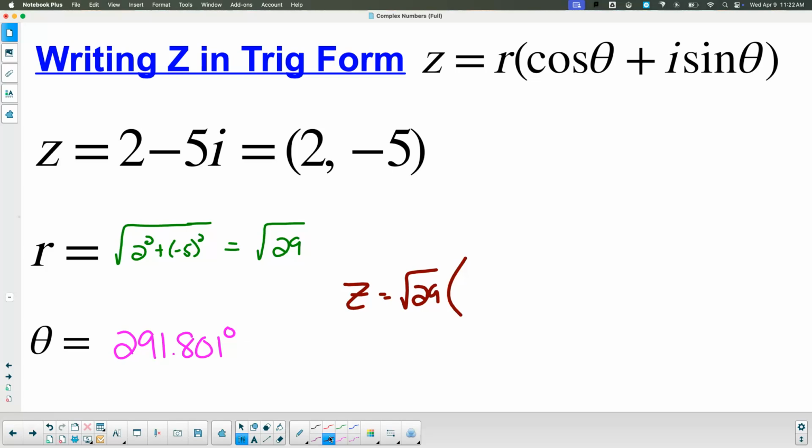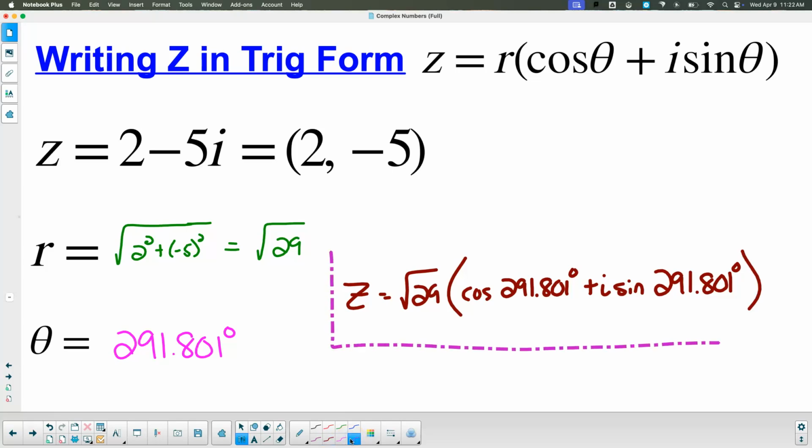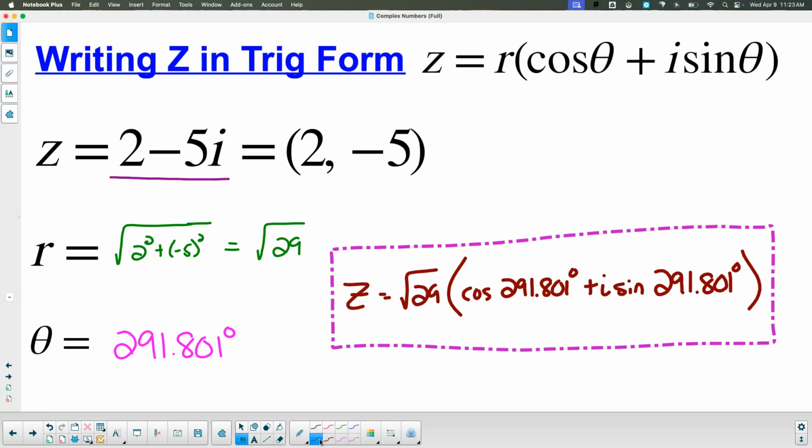Then I would have the cosine of 291.801 degrees plus i sine of 291.801 degrees. And that, ladies and gentlemen, is the trig form of the standard form of the ordered pair form.